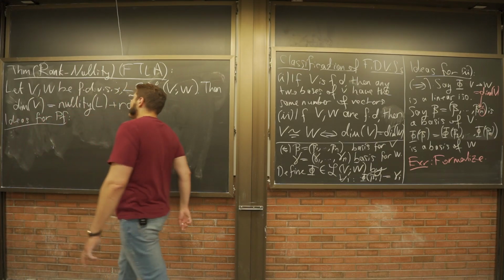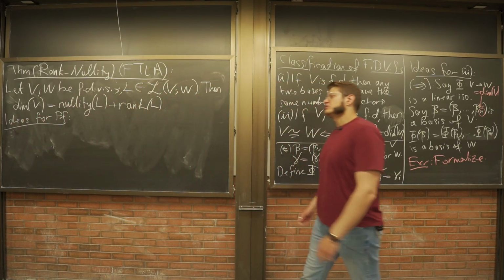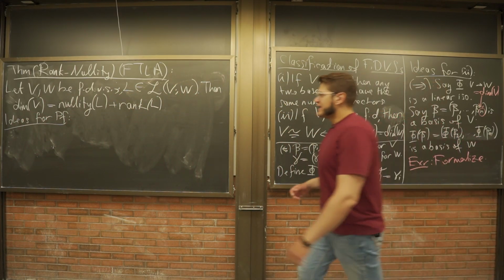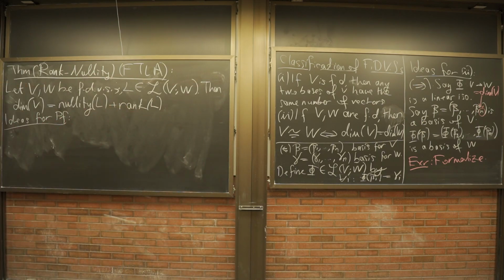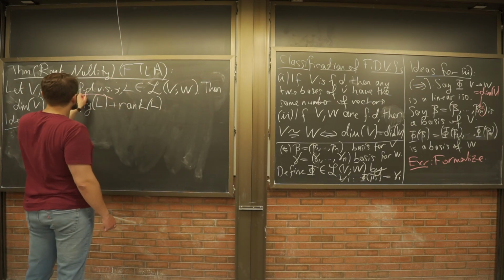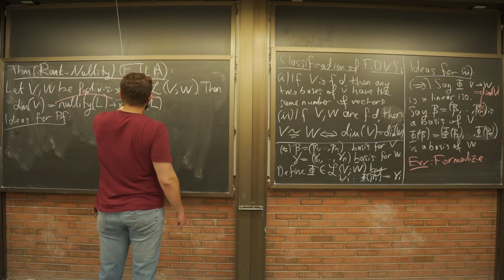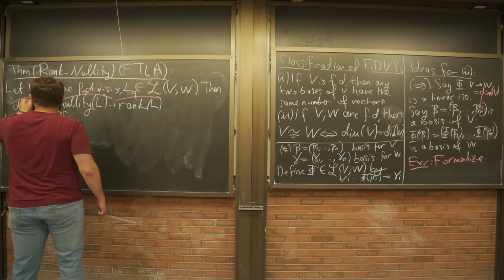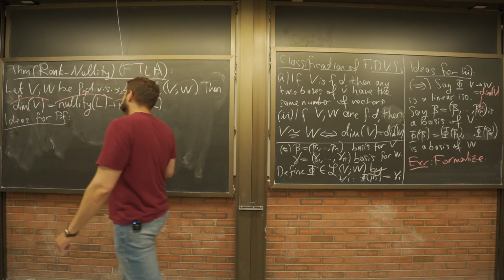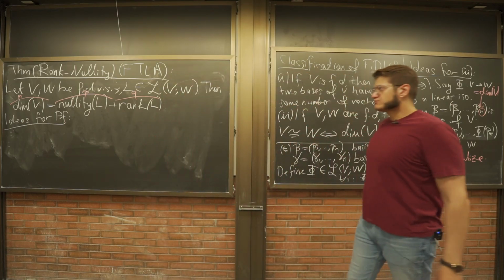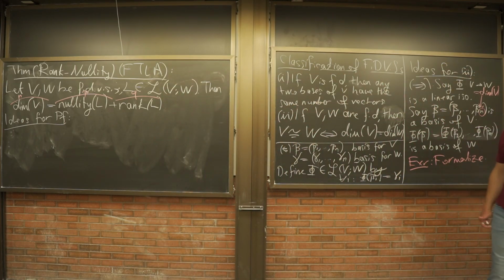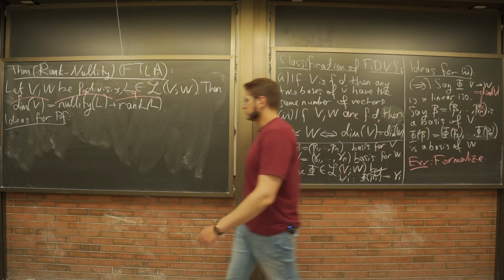But still, what you can say is, the nullity of L is supposed to be the dimension of the kernel. Let's say that the nullity of L is p, the rank is q, and the dimension of V is n, so n equals p plus q. I just store these variables into letters.